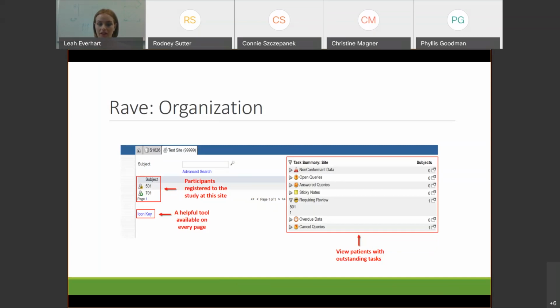And highlighted in the bottom left-hand side is our icon key. RAVE is very icon heavy, so that icon key appears on every page so that you can refer to it as you need to determine what all the icons mean. Next slide, please.